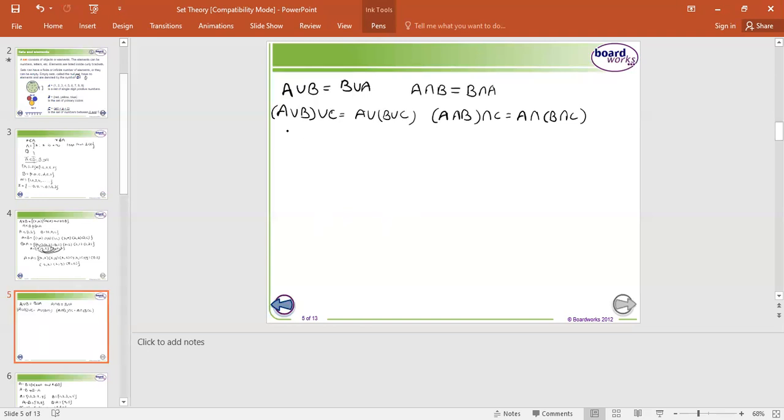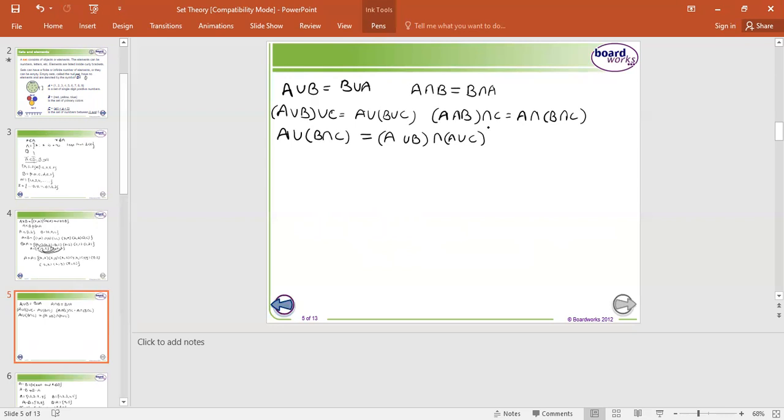In distributive, A union B intersection C, this will be applicable to A union B, intersection A union C. This is the distributive property. A is distributed to B and C using union.